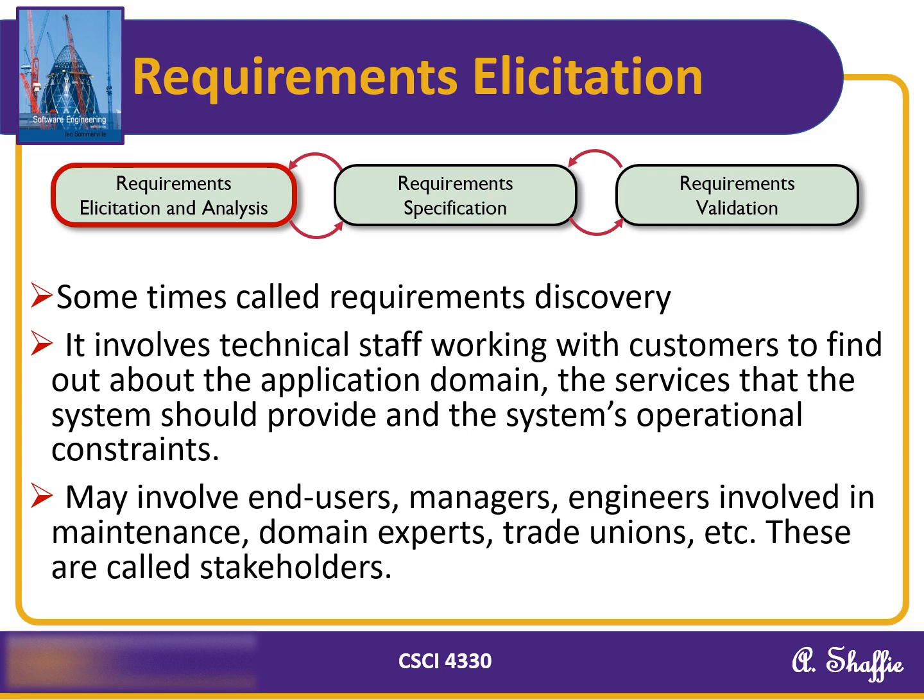In this activity, the technical team joins hands with customers to deeply understand the world of the needed application. Together, they will pinpoint the exact services the system needs and its limits. And guess what? When I said customers, I mean all the system stakeholders, like end users, managers, maintenance engineers, domain experts. Everyone related to the system should be involved.